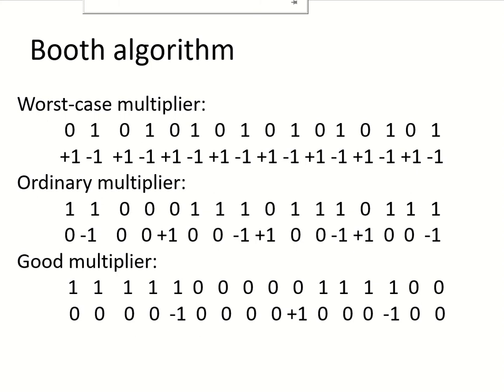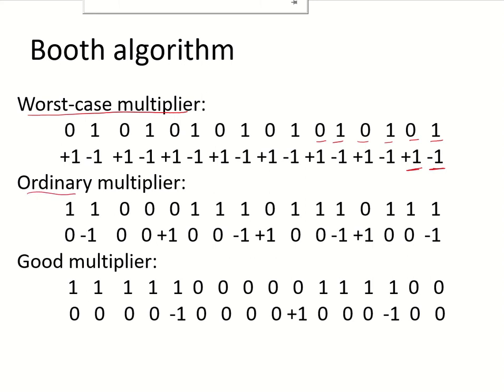So what do you think will be a worst case multiplier? Wherever the bits are changing every time, that would be a worst case multiplier, because in that case, whenever the bit is changing from 1 to 0 or 0 to 1, the recoding would be either minus 1 or plus 1. What would be an ordinary multiplier?